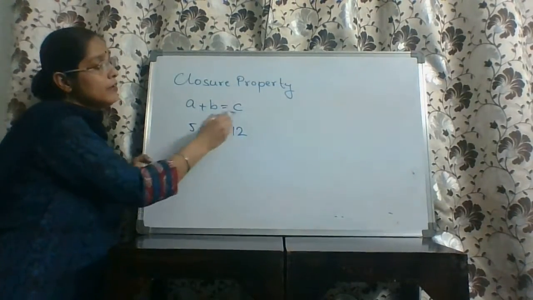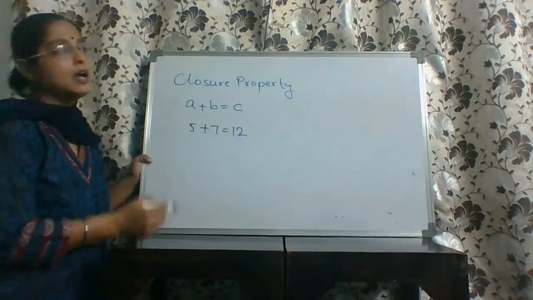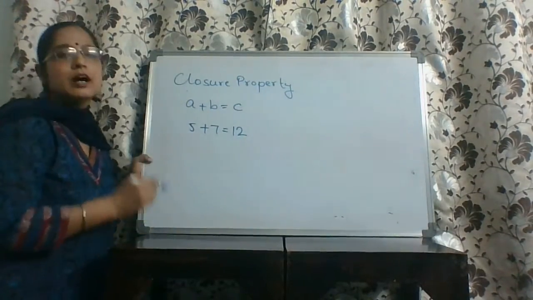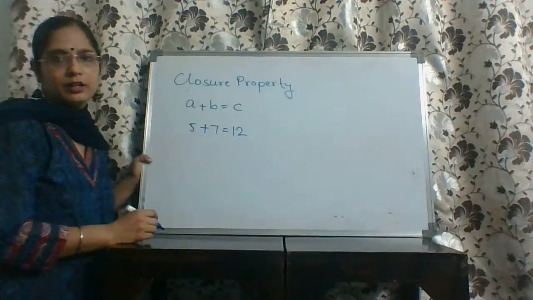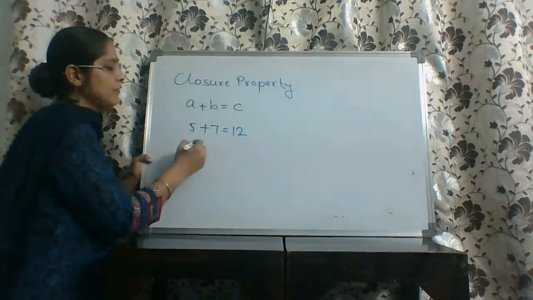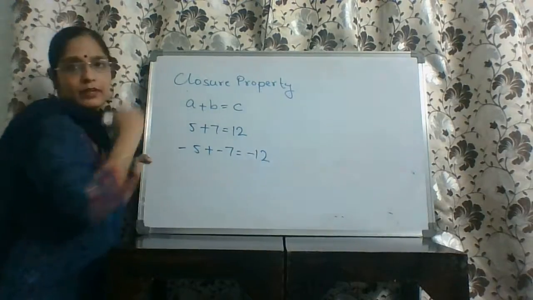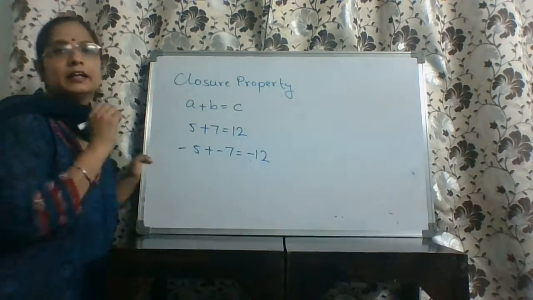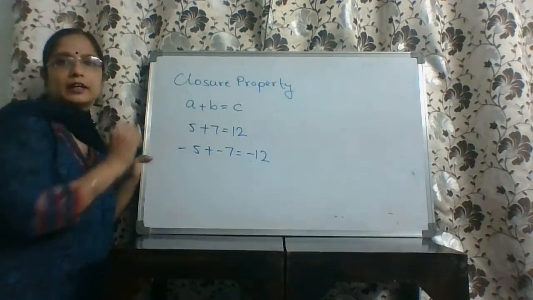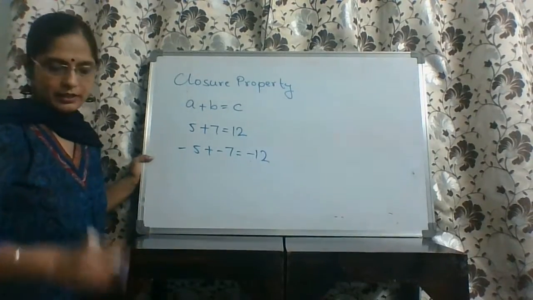So 12 is an integer only. Hence it is closed under addition. Then I will add two negative integers. Then also I get -12. -12 is an integer. So I can say that it is closed under addition.